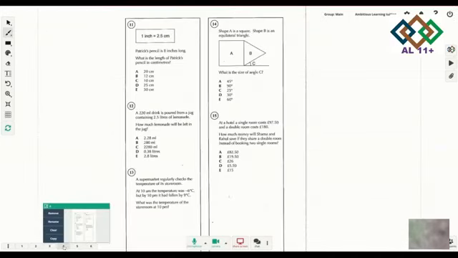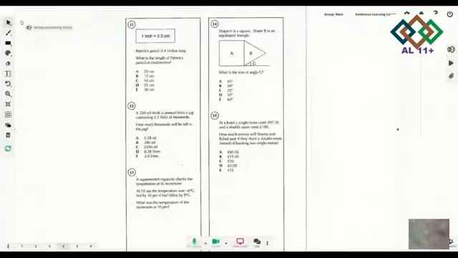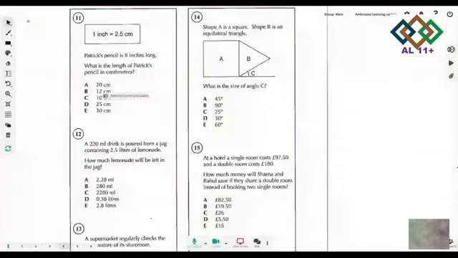So let's go to the next one, number 11 now. Number 11, they are just asking you, Patrick's pencil is 8 inches long. What is the length of Patrick's pencil in centimeters?